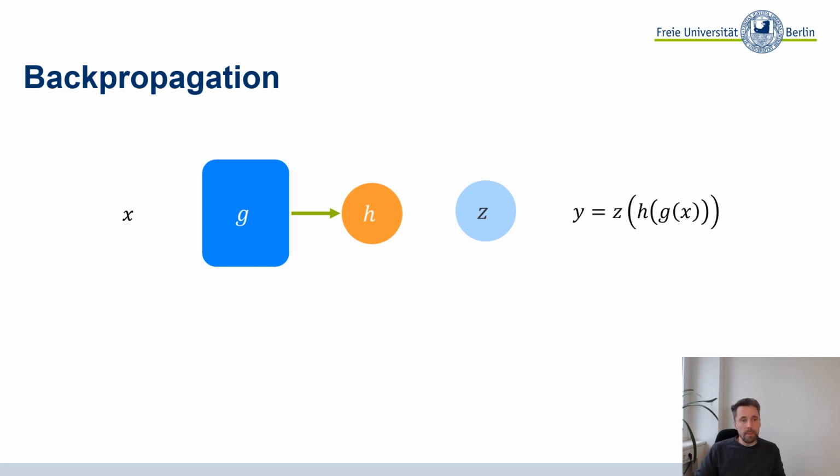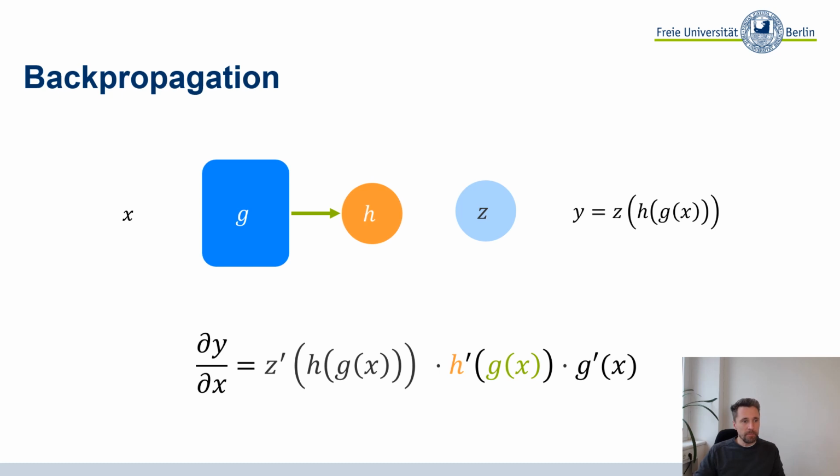So we just go through this chain of activations and multiply the derivative of each of these activations at their input.